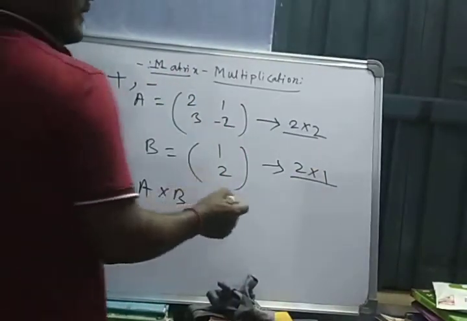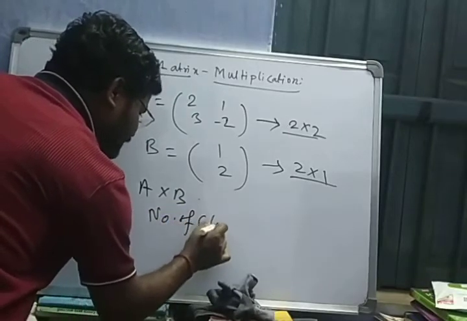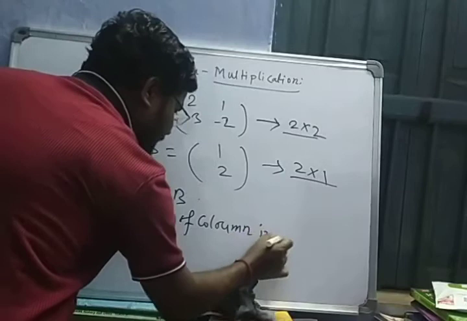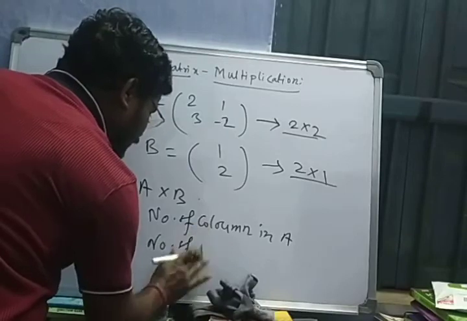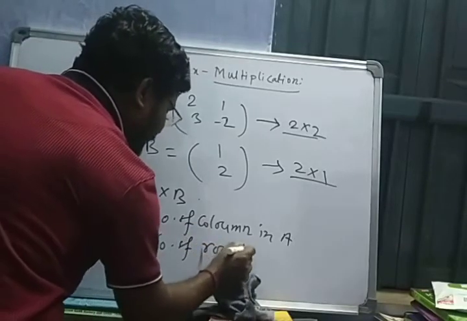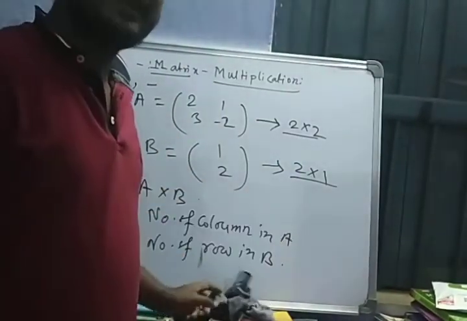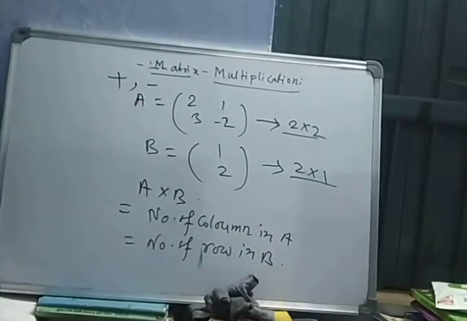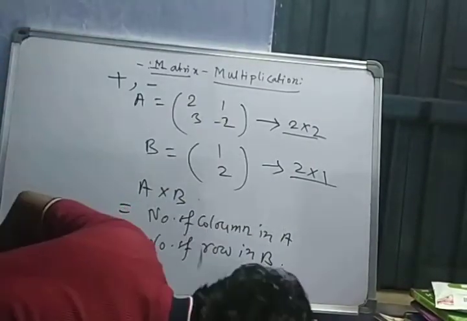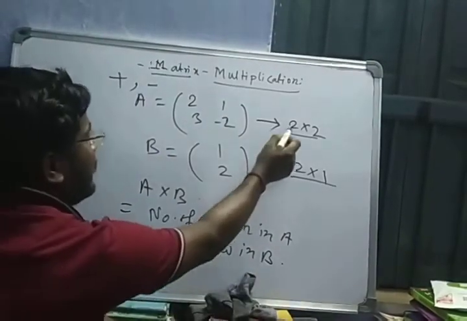The rule is the number of columns in A equals the number of rows in B. If we multiply row into column, then the number of columns in A must equal the number of rows in B. Here, how many columns in A? 2.